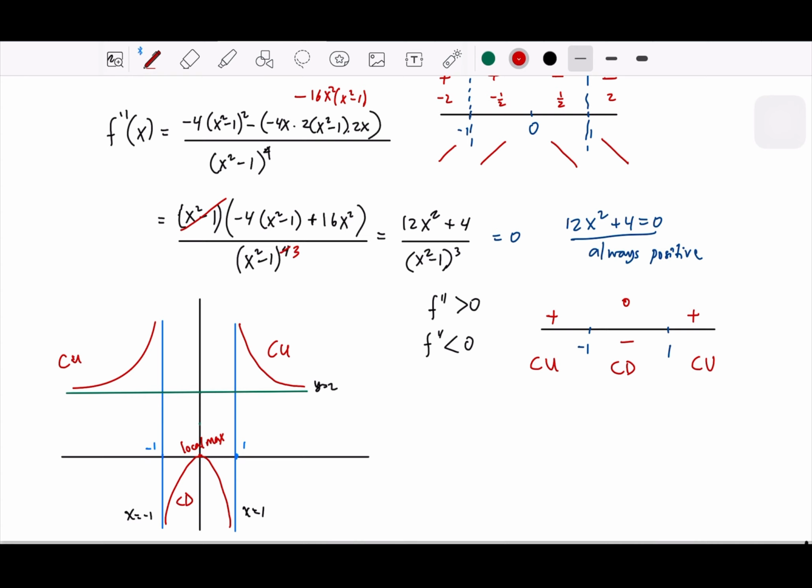Maybe any questions first? At least this will be one of the typical questions in the exam. So for any function, you need to do all this stuff.